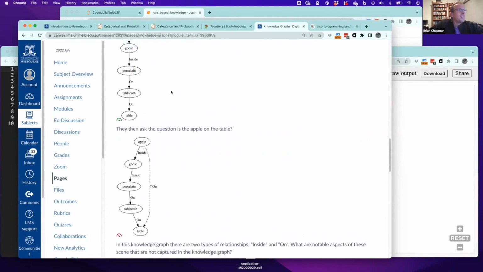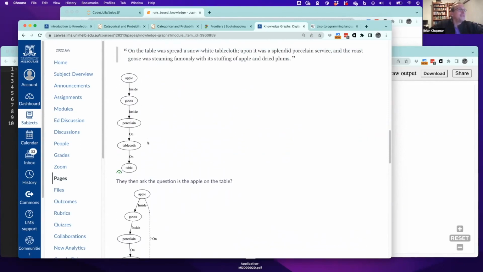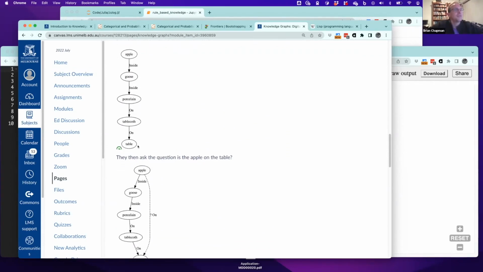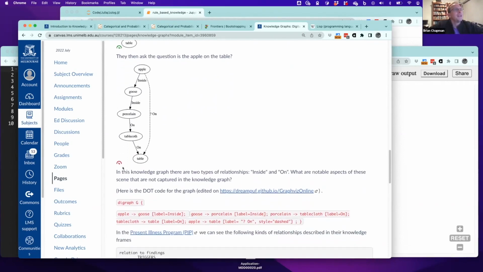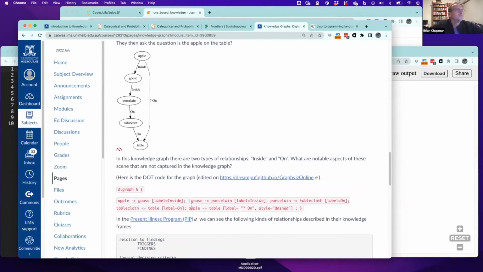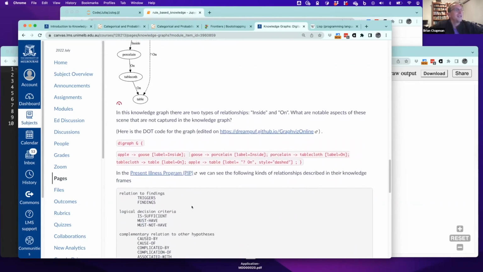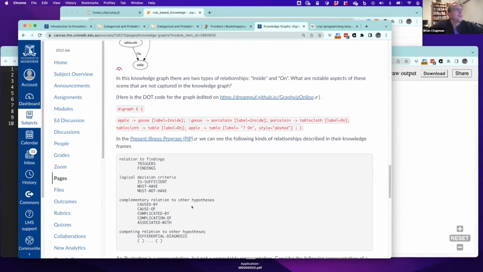Okay. So this model basically just has two kinds of relationships. It has an inside relationship and it has an on relationship. And this is the dot file that I used to generate that.